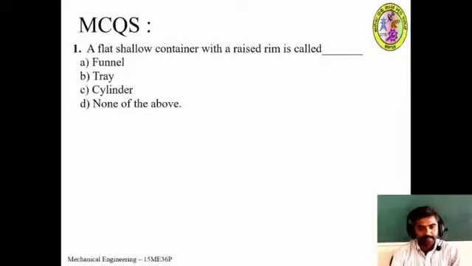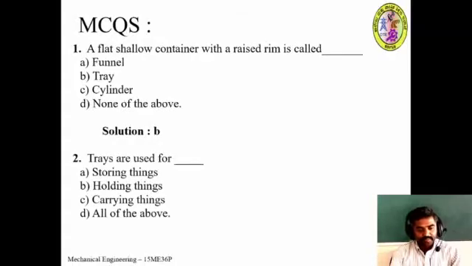The first question: a flat shallow container with a raised rim is called? There are 4 options: A, funnel; B, tray; C, cylinder; D, none of the above. The answer is B. We can call it a tray.